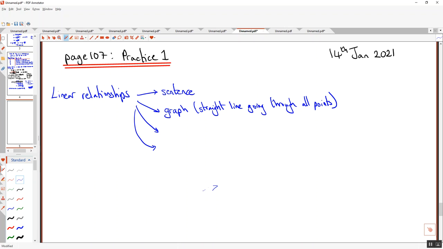Somebody who hasn't answered. Thank you, Josh and Rajan and Karina. Xander? Yep, a table. Good. So you could represent it with a table, and on your table you would have your x values and your y values. And then the final way you could represent it is somebody else.